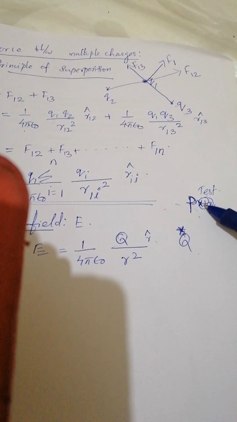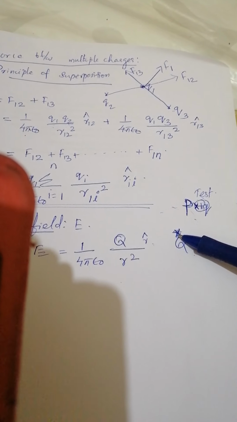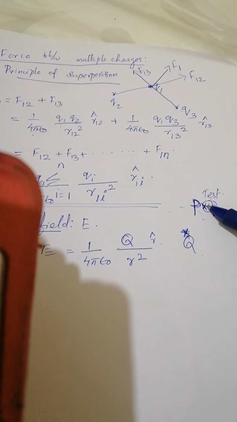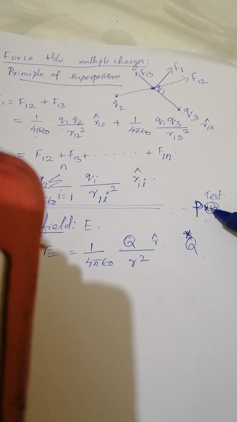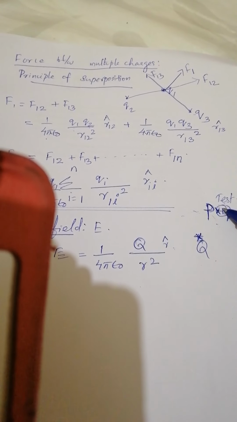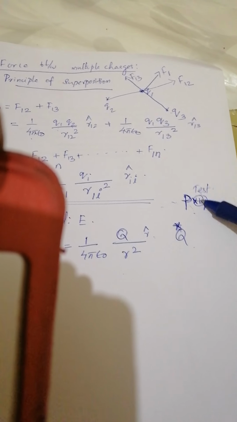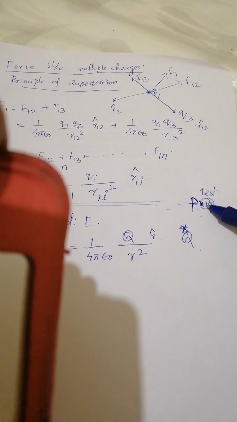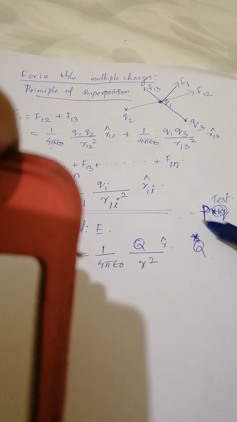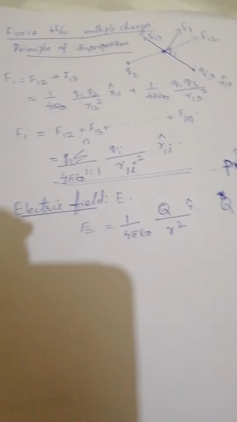Once again, electric field due to a charge Q at a point P in space can be defined as the force that a positive test charge would experience if it is placed at that point. This is the definition of electric field.